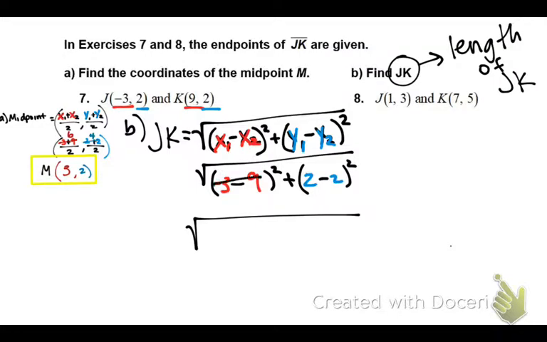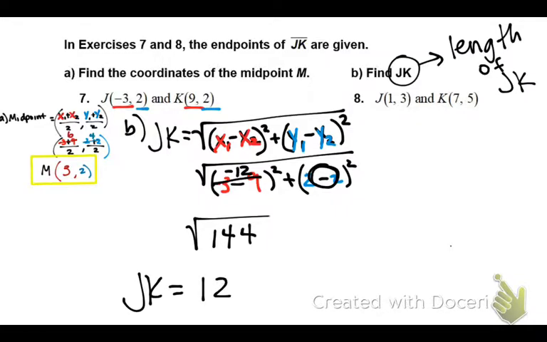Oh, wow. It is negative 12. We can go ahead and square it. What's negative 12 squared? 144. And then 2 minus 2 is 0, and 0 squared is 0. So do I need to write plus 0? Nah. So length of JK is, what's the square root of 144? It's 12.